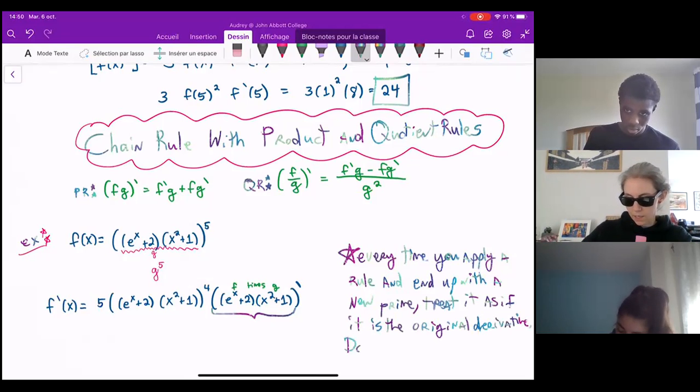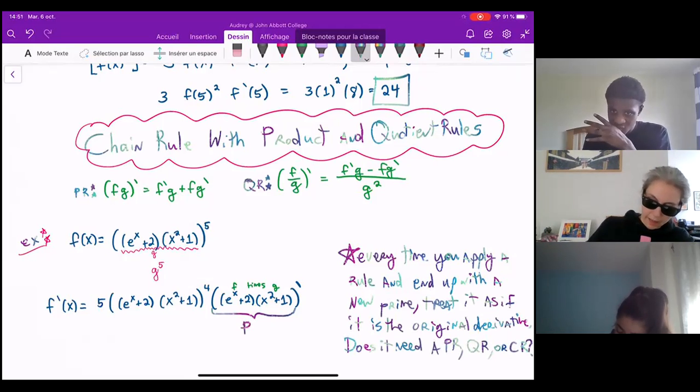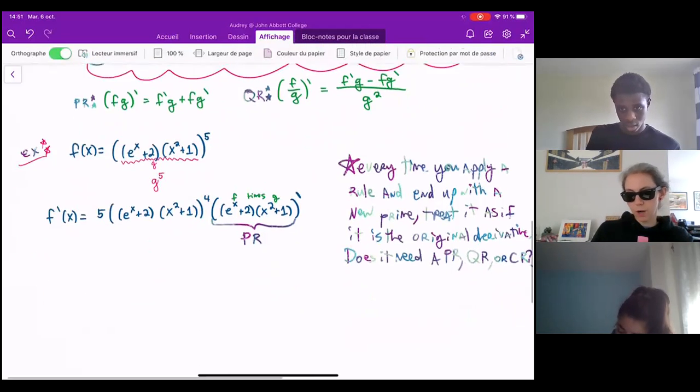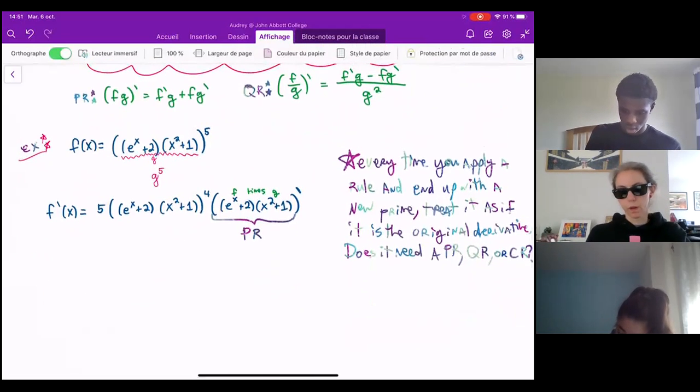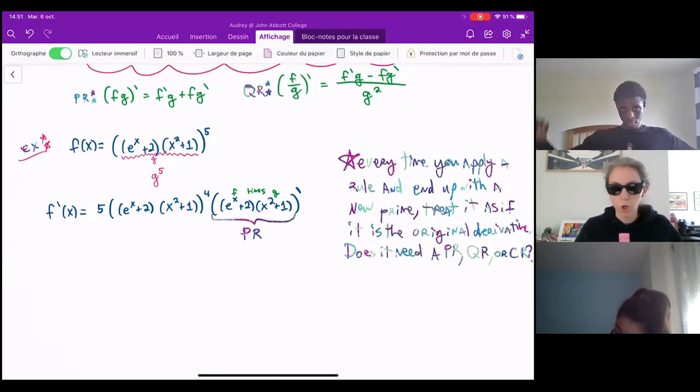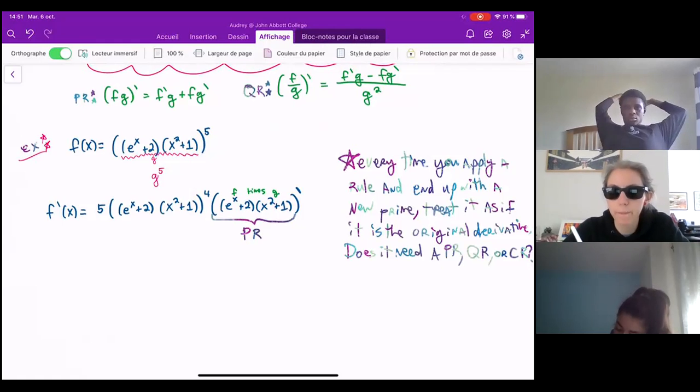And we're going to ask, does it need a product rule, quotient rule, or chain rule? And in this case, we've identified that it needs a product rule. So we're going to apply the product rule, but just to the part that's primed.